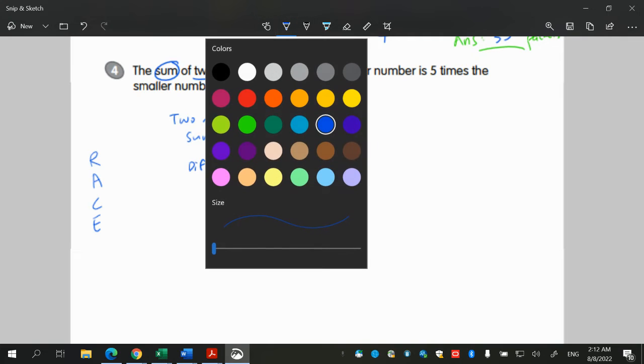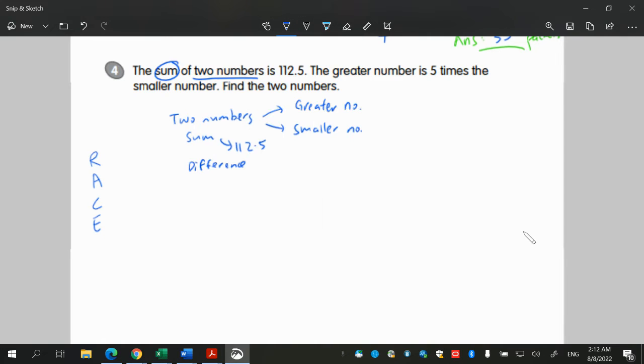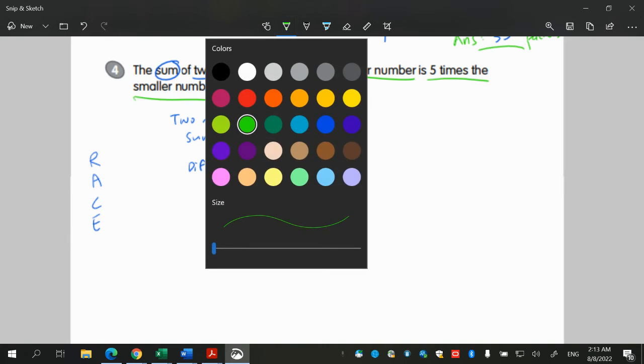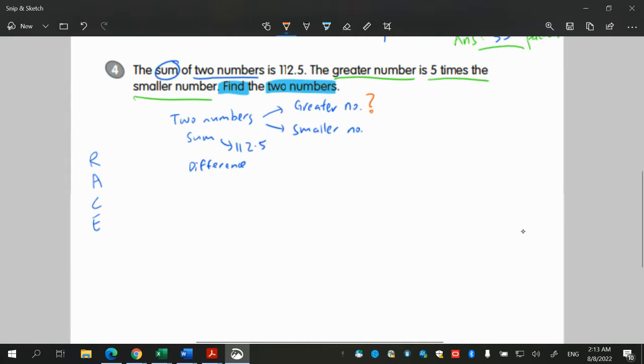Then the more important part is exactly what the question is asking for. You have a greater number that is 5 times the smaller number. The question goes quite straightforward, asking you to find the two numbers. In other words, you don't have the greater number, neither do you have the smaller number.